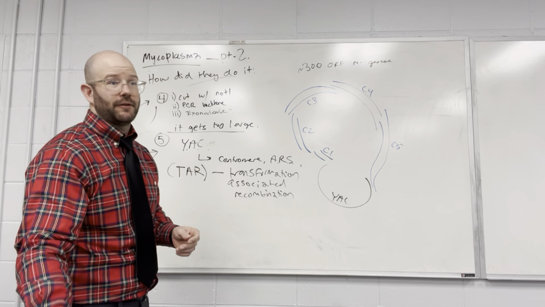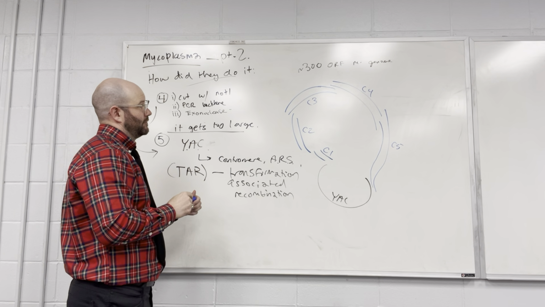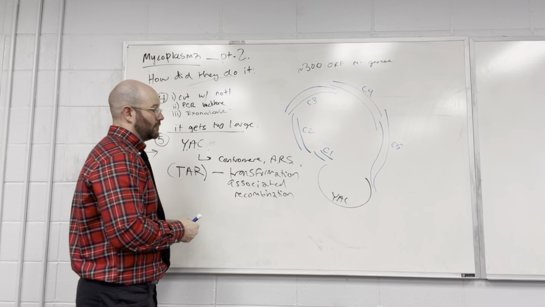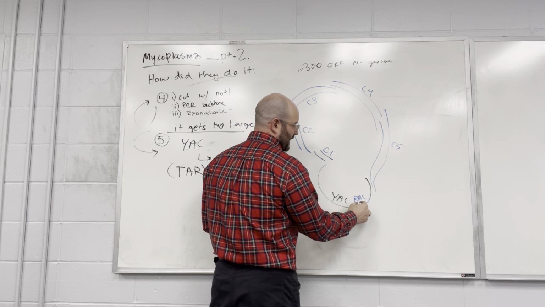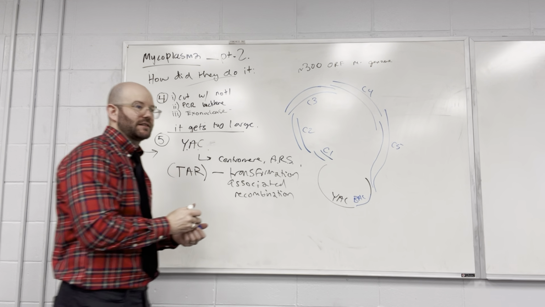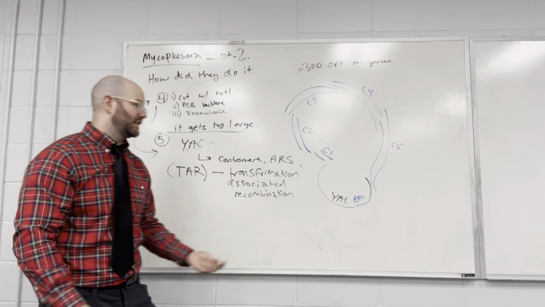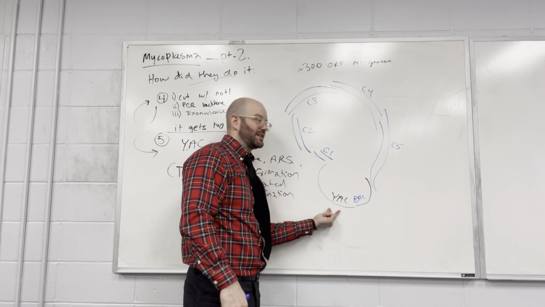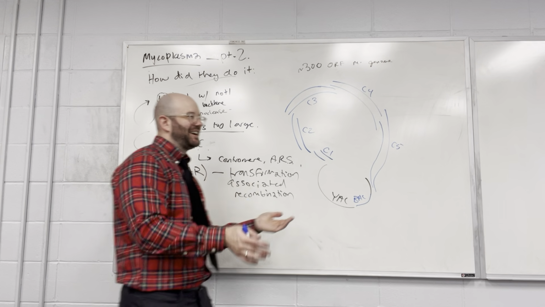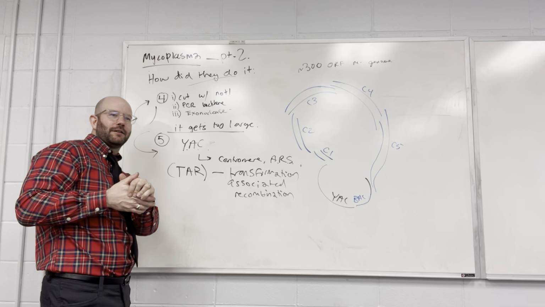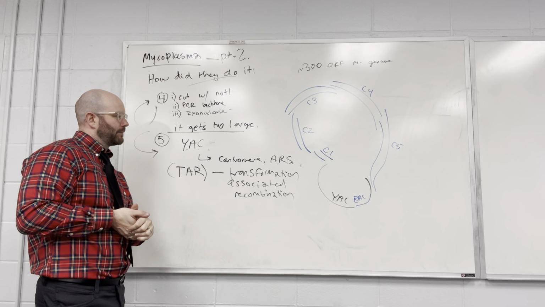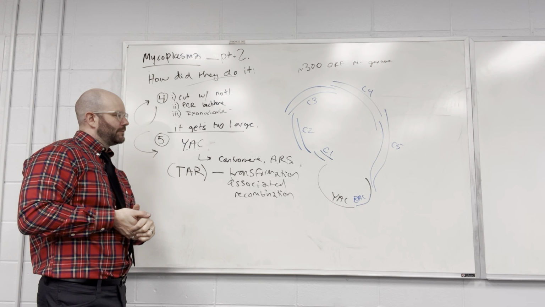Wait, Dr. Beckmann, didn't they combine the BAC and the YAC backbone? Right, the YAC is built so that it has two features. It can be treated as a BAC or a YAC. It's got the stuff to make it a BAC, plus it's got the stuff to make it a YAC. Why would they keep the BAC cassette, or any part of it that can't survive through E. coli anymore?